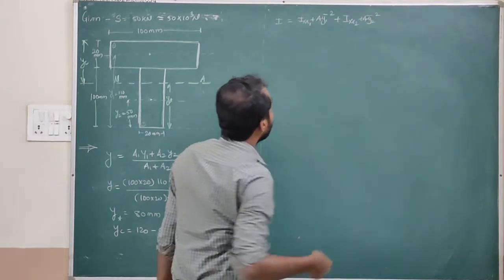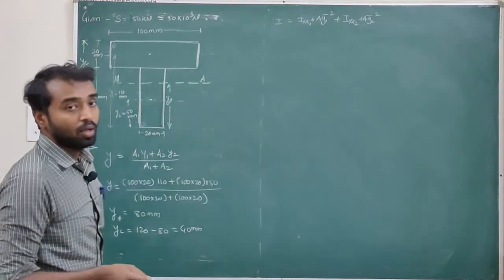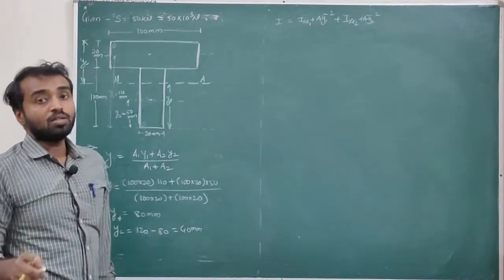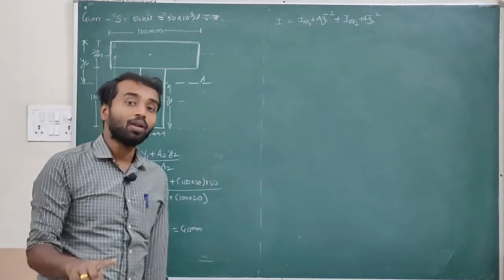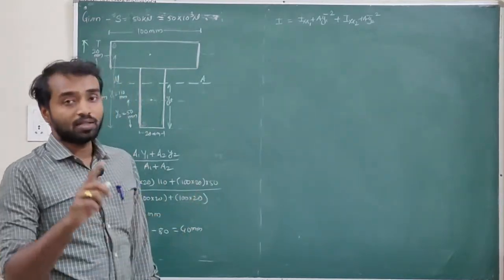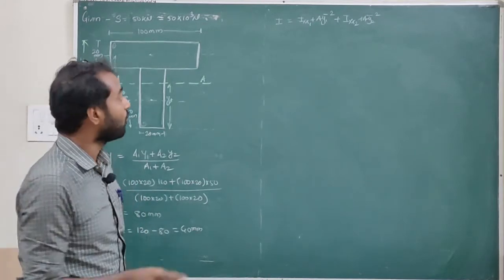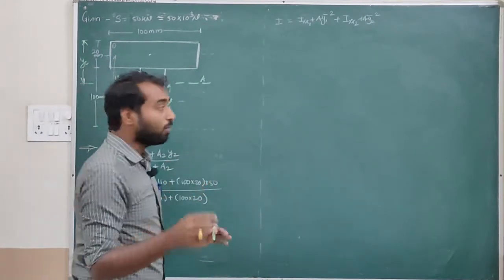Now what is y1 bar and y2 bar? y1 bar is the distance of center of gravity of our first element from neutral axis, and y2 bar is the distance of center of gravity of our second element from neutral axis.